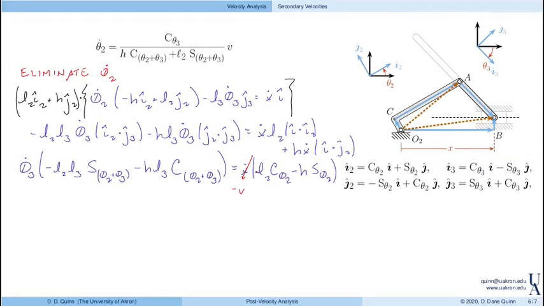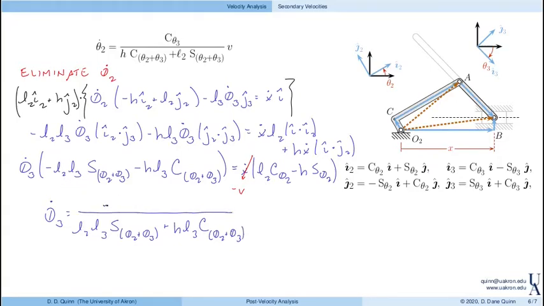All of these angles are known. And so this reduces to theta 3 dot is equal to, in the denominator, L2 L3 sine of theta 2 plus theta 3, plus h L3 cosine theta 2 plus theta 3. In the numerator, L2 cosine theta 2 minus h sine of theta 2, all of this times v.